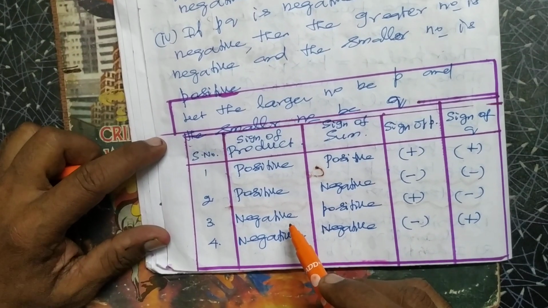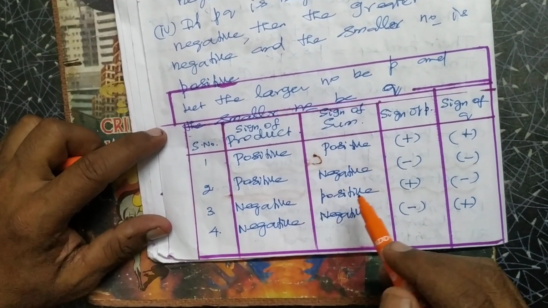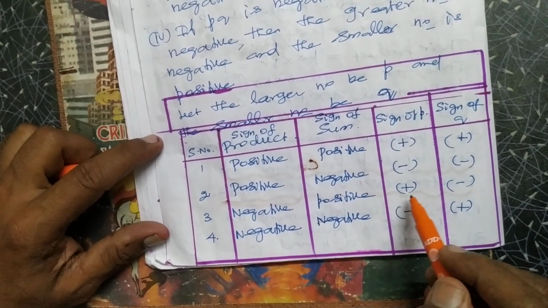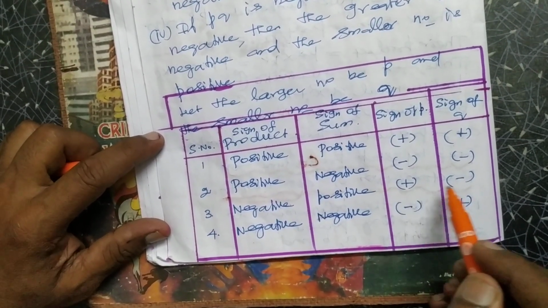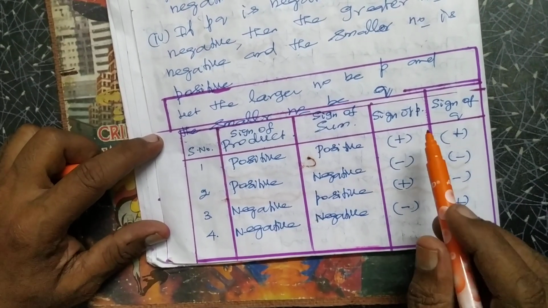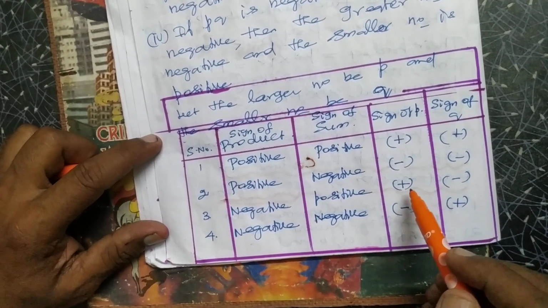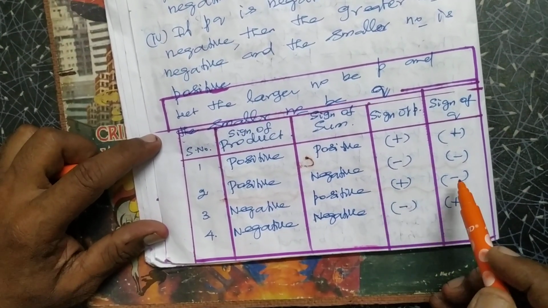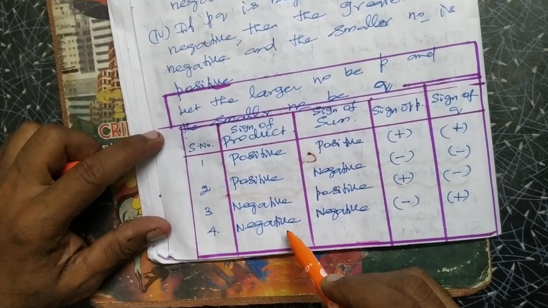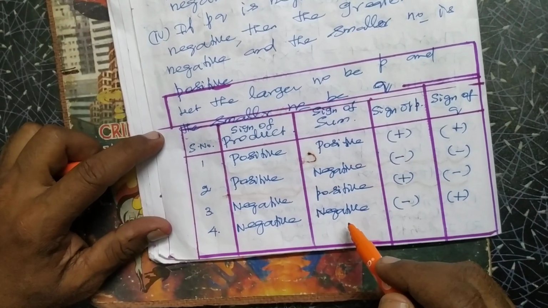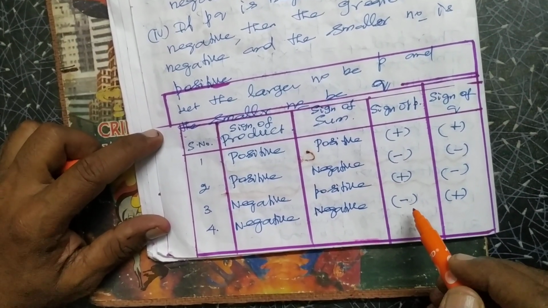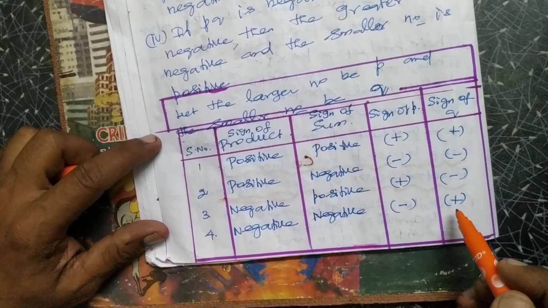If the product of two numbers is negative and their sum is positive, then the larger number will have positive sign and the smaller number will have negative sign. As I have taken p as the larger number, here the larger number will be positive. When the product of two numbers is negative and the sum is also negative, then the larger number will be negative and the smaller number will be positive.